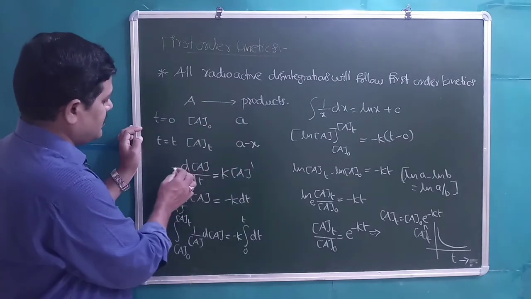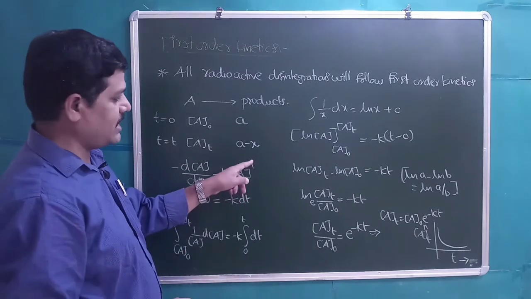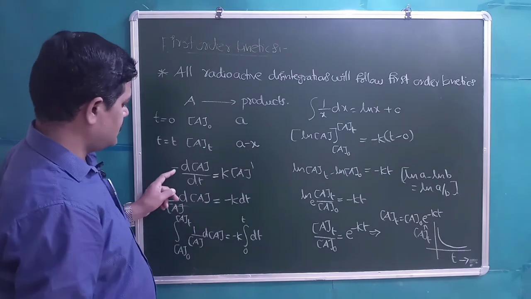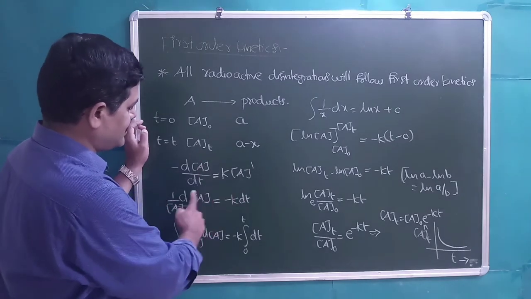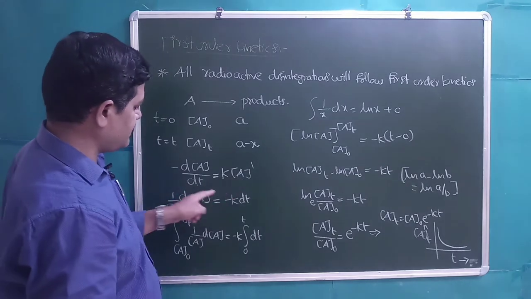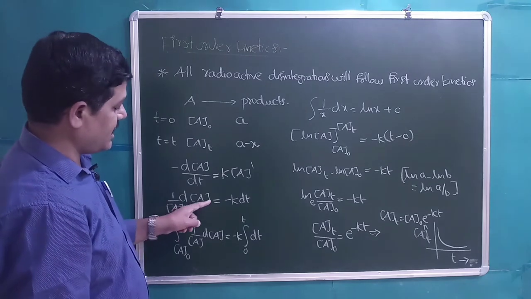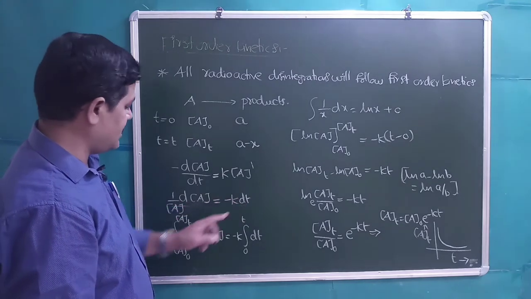Then the rate expression is minus dA by dt is equal to k into A power 1. Writing A terms one side and t terms the other side, 1 by A dA is equal to minus k dt.